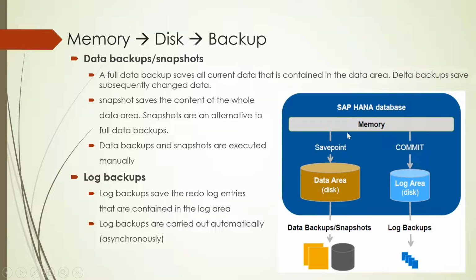If you want to take an offline backup, you shut down your application, log off all the users from the HANA database, and then take a backup of the HANA database. This way you can perform offline backups, but offline backup is not there in the HANA database. It supports only online backups. So you can trigger the backups.